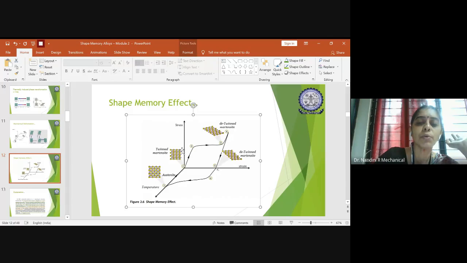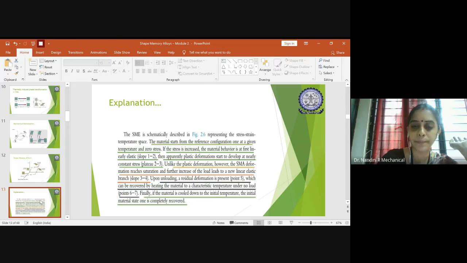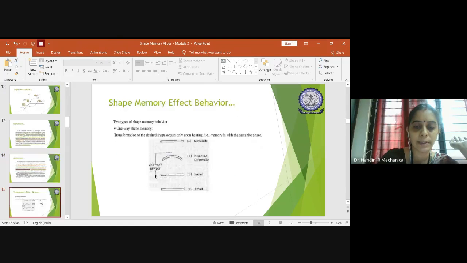This is how the loop goes on and on until you need the change of phase from martensite to austenite. So this is how it works. Hope it is clear. Do you want me to explain again? Is that clear? Yes, ma'am.